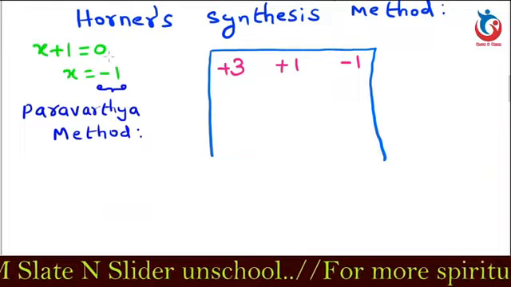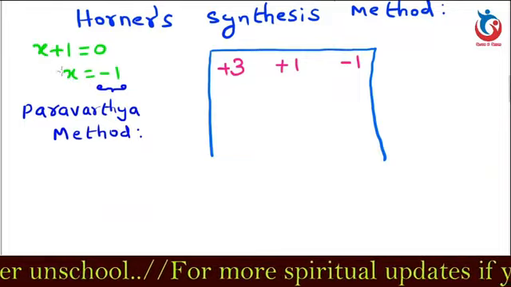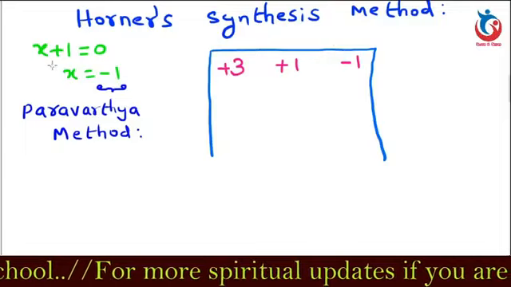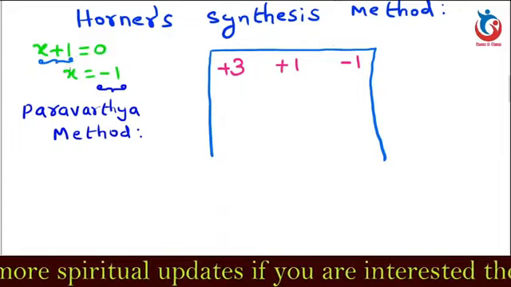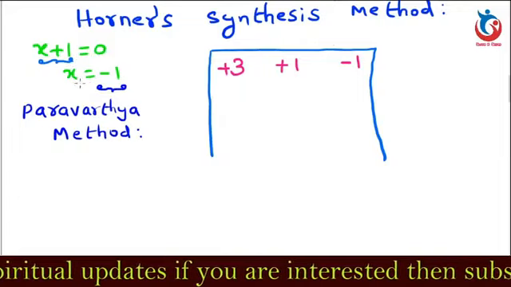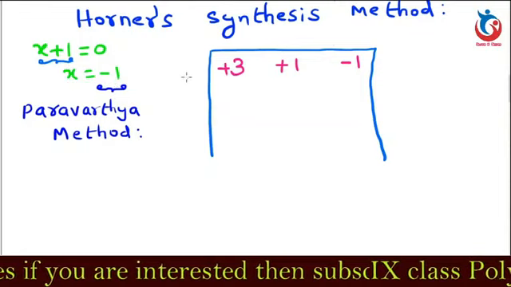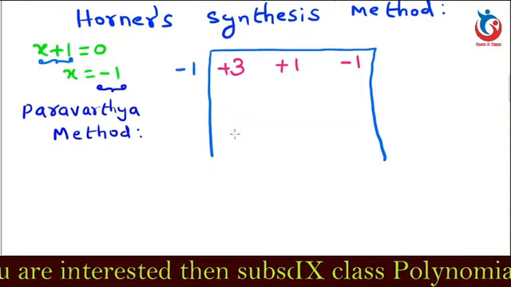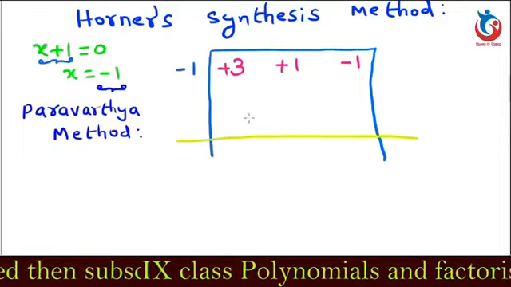And here, actually, what we are doing is finding the zero of the divisor. x plus 1 is the divisor, so we are equating it to 0. That means we are finding the zero of this divisor, so that is minus 1. So just keep minus 1 here, and then draw a line like this.